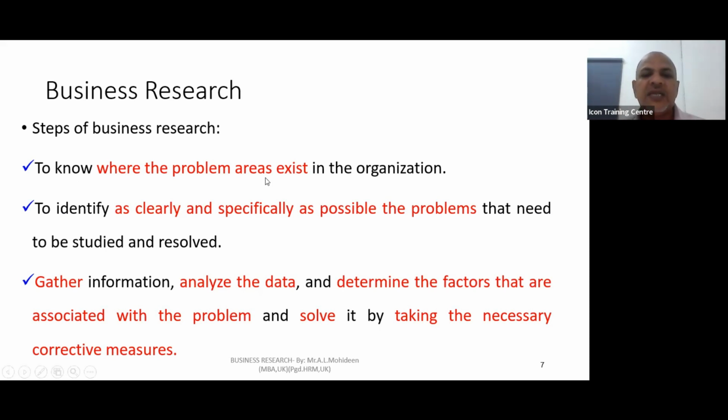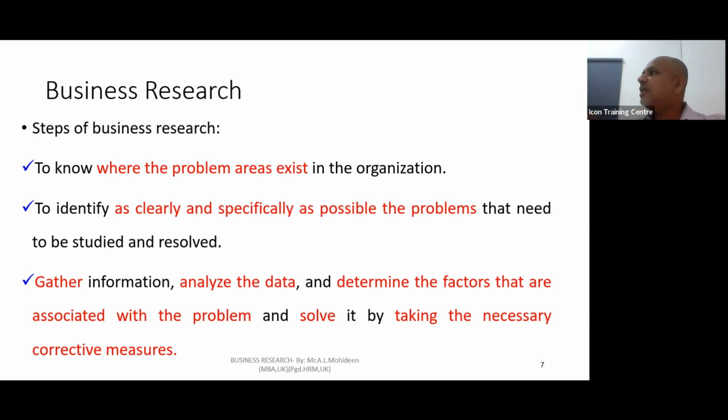So first, understand the problem area, and identify clearly and specifically the possible problems that need to be studied. Then gather information, analyze the data, and determine the factors that are associated. Example, retention.